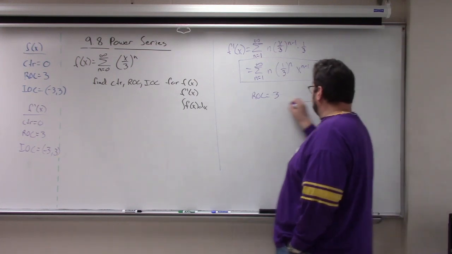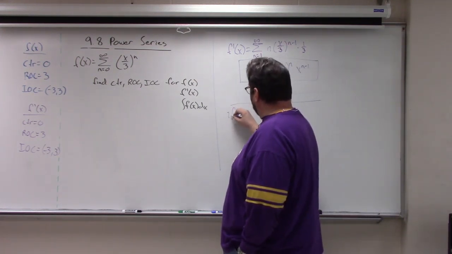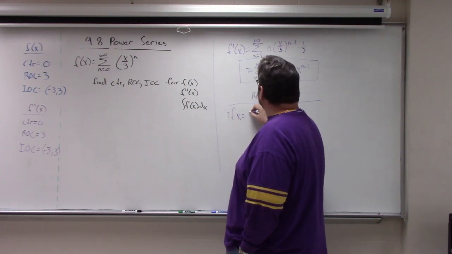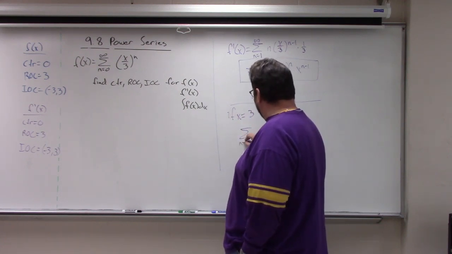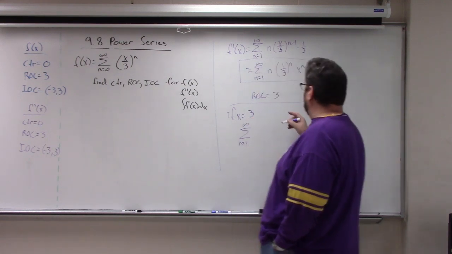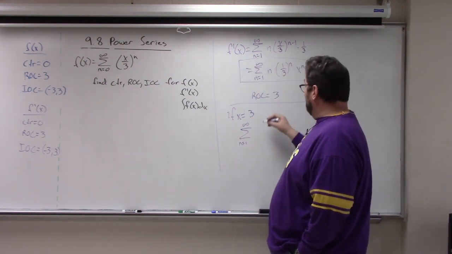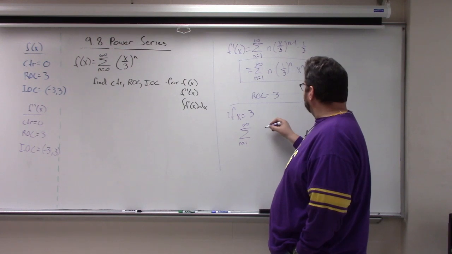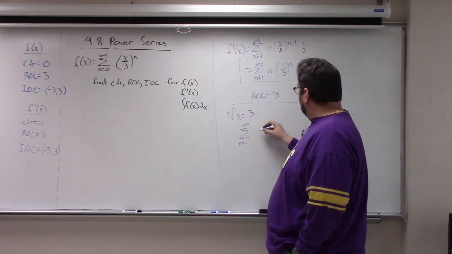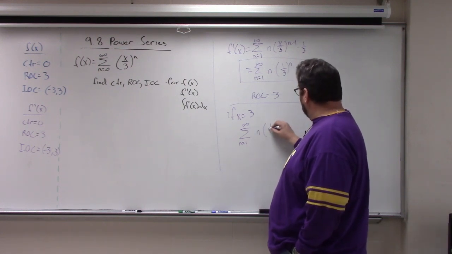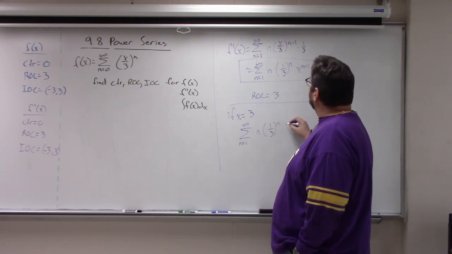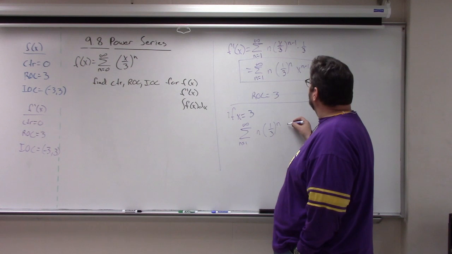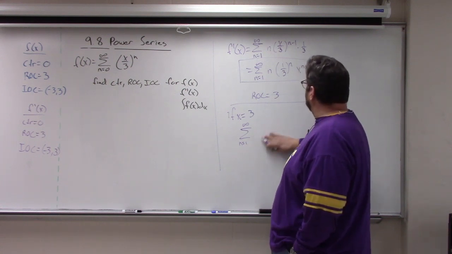All right, so let's say what happens if x equals 3. We get the sum from 1 to infinity of n times 1/3 to the n. Do I really want to do it this way? I'm going to use the original here.